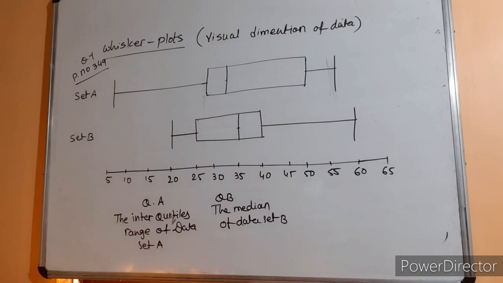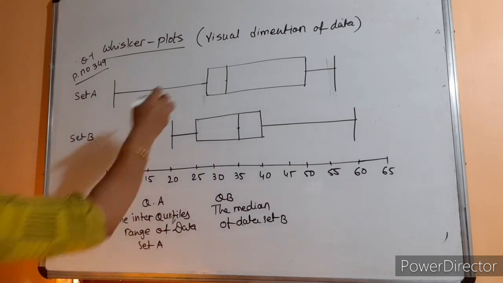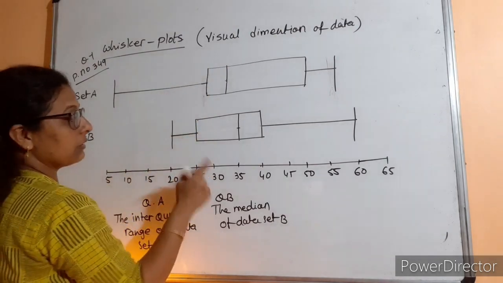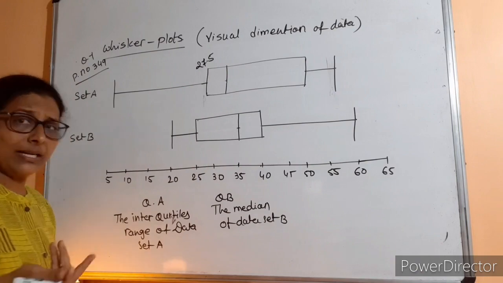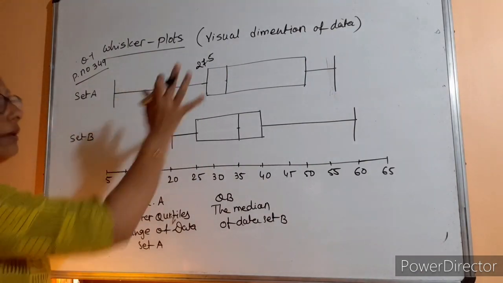Okay, for data set A, हम पहले बात करते हैं A की. For the data set A, what is Q1, Q2, Q3 and all? So here, this is between 25 and 30, that is 27.5. You can take 27 because this is in the graph.